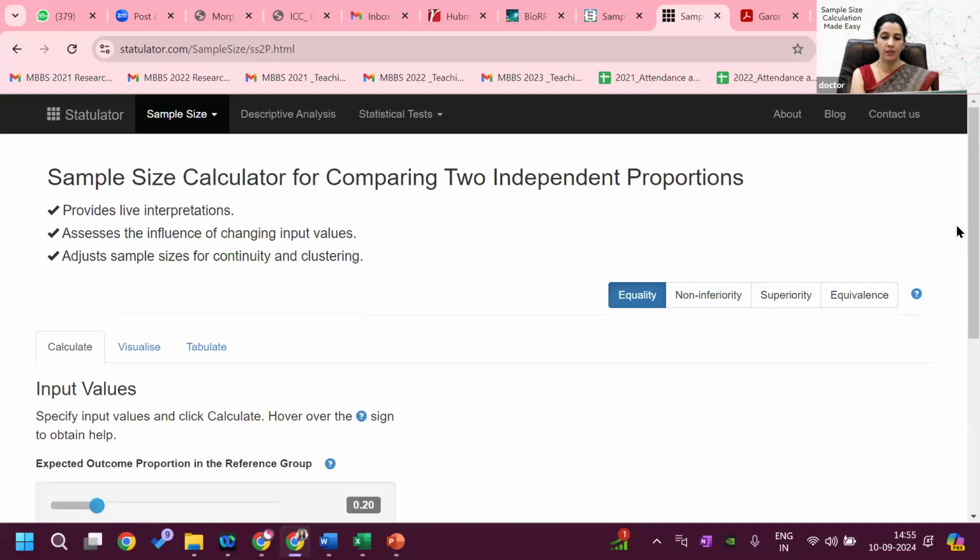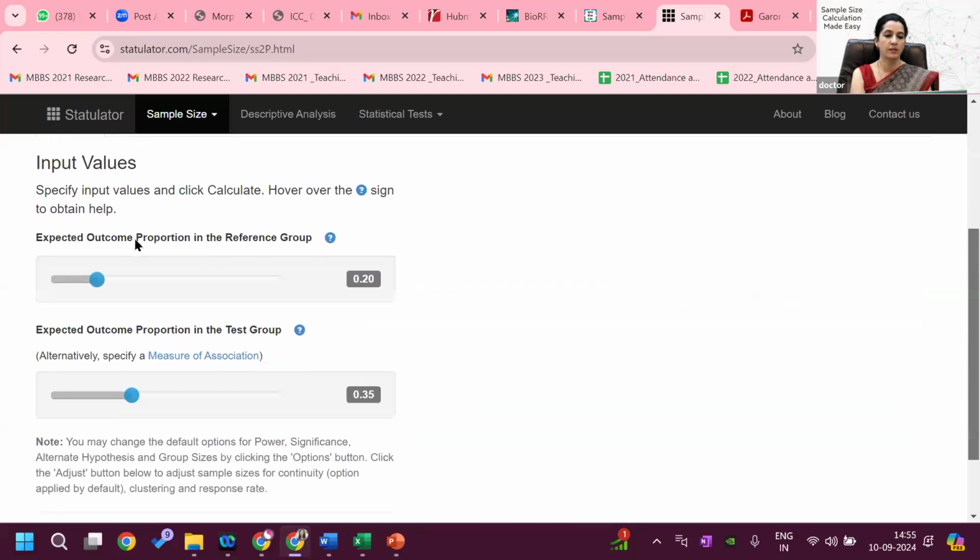If you come down and see the input values, this is the expected outcome proportion in the reference group. Now you can see it is writing expected outcome proportion. So take it in reverse, because here you are starting with disease and then looking at the exposure.